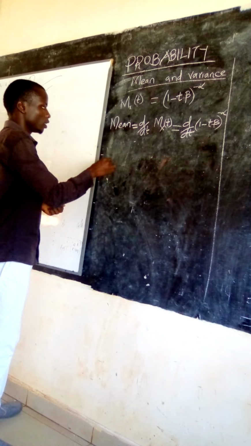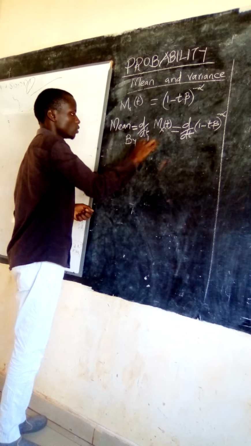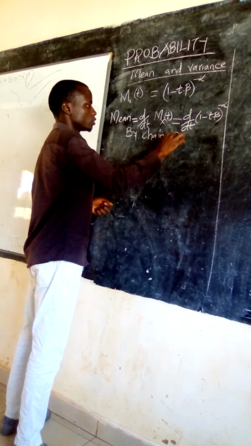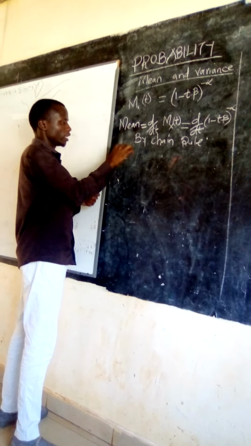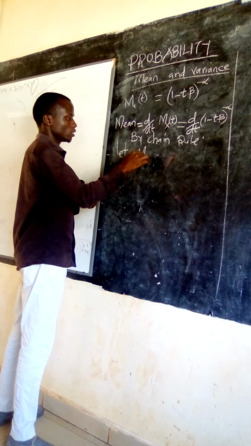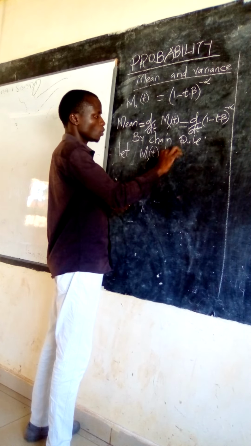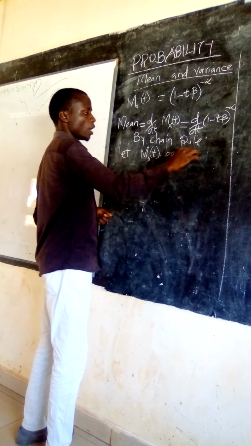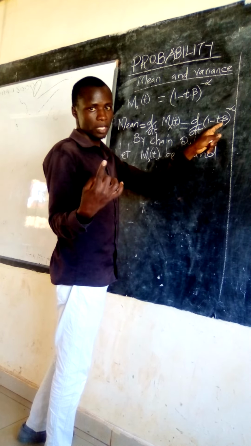So I'll come and say here that by chain rule, it states that I need to say let M(t) be y, and the function inside the bracket be u.